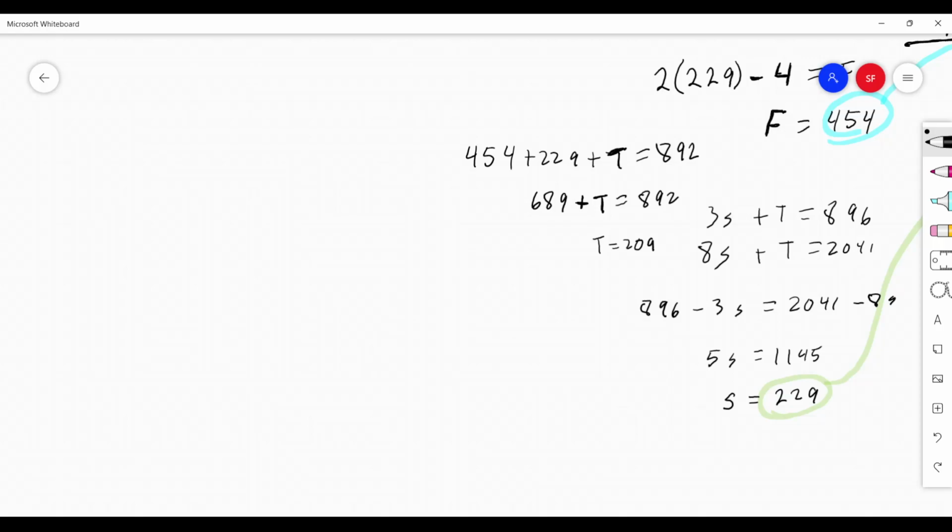Check it. 454 plus 229. 1005. What? Did you accidentally add instead of subtract? Probably. Yeah. No, okay, it's still 683. No, it's not. 454 plus 229. 683. No. Unless your calculator decides to have a mind of its own.